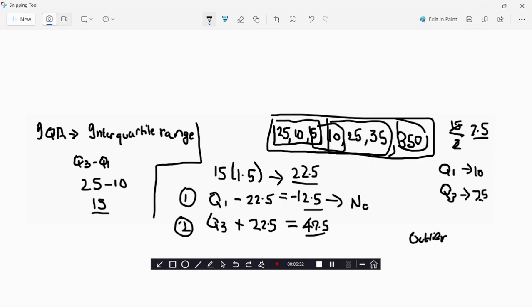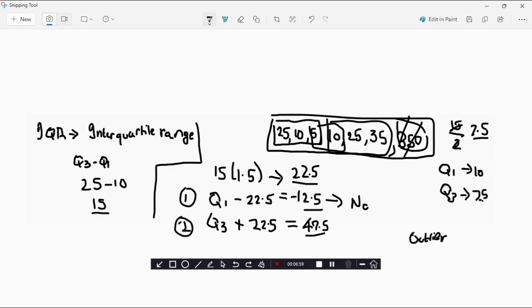However, we're not going to count 350 because we didn't use 350 to figure out our IQR. If you had 350 in this range of values, this would be your abnormality, the value that would stand out. However, since we didn't use 350 to figure out our Q3 and Q1, we're not going to use this value.